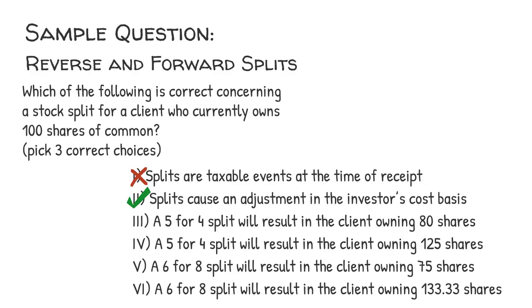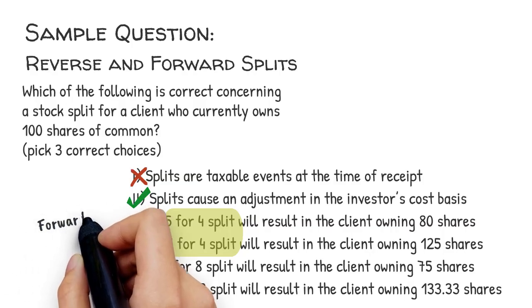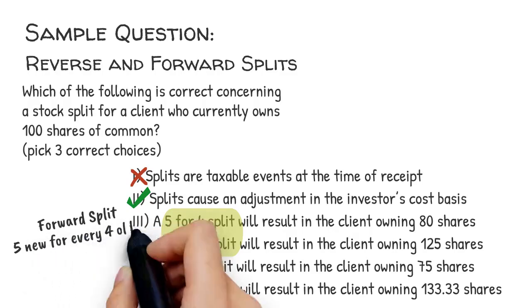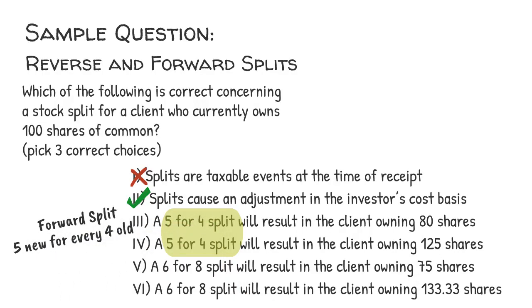Now we've got some numbers. 5 for 4, 6 for 8. So 5 for 4 is an example of a forward split. You're getting 5 new shares for every 4 old shares. So let's take a look at how we do the math.